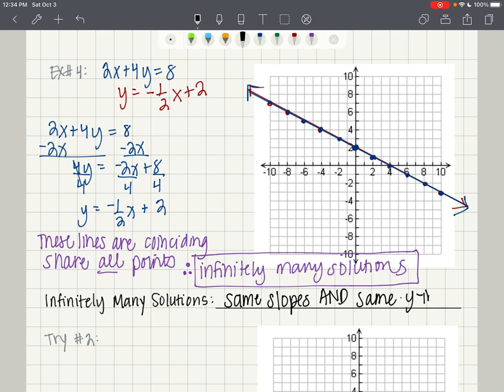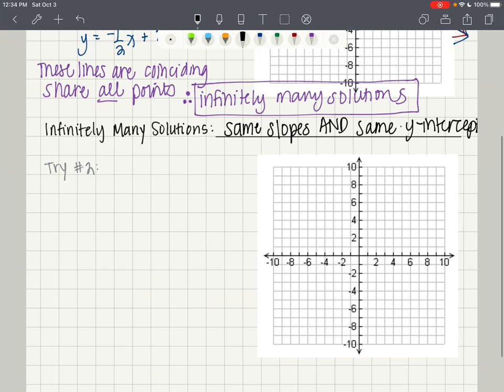So when your slope and your y-intercept are the same, you have infinitely many solutions.